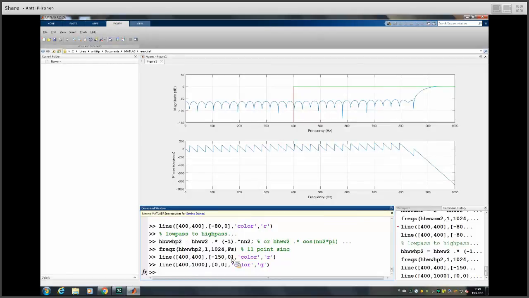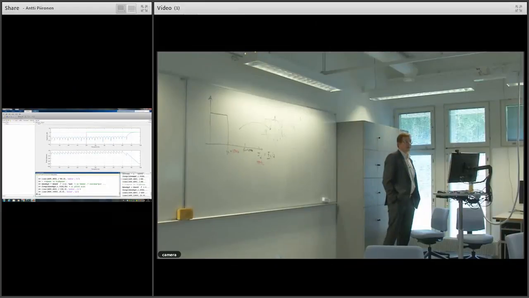So you just need to be careful with these transformations that you get the correct cutoff frequencies. Everything comes from the bandwidth. That's the design factor for this low-pass filter.